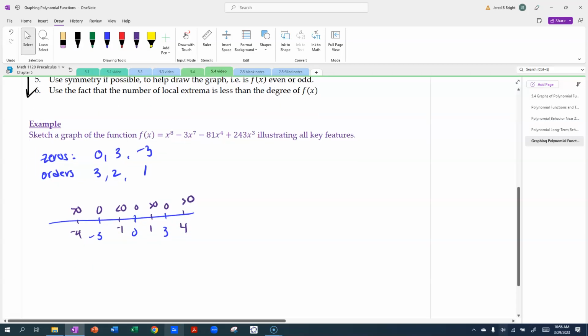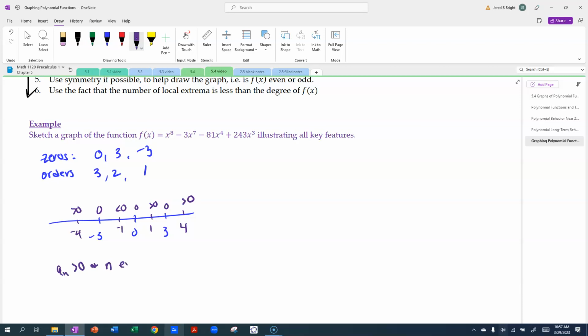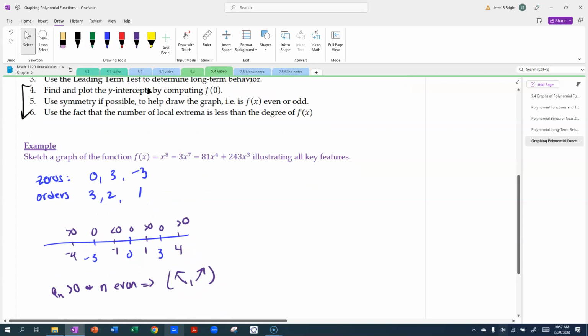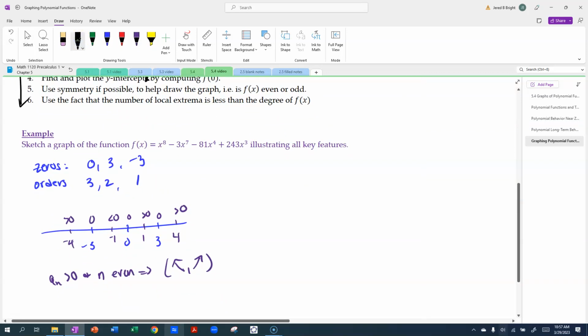In another video, we looked at the long-term behavior too. We said that a_n was greater than 0 and n was even. So that meant the long-term behavior in terms of arrow notation was up and up as we went to the left and to the right. Now I'm going to put all this information on a graph.